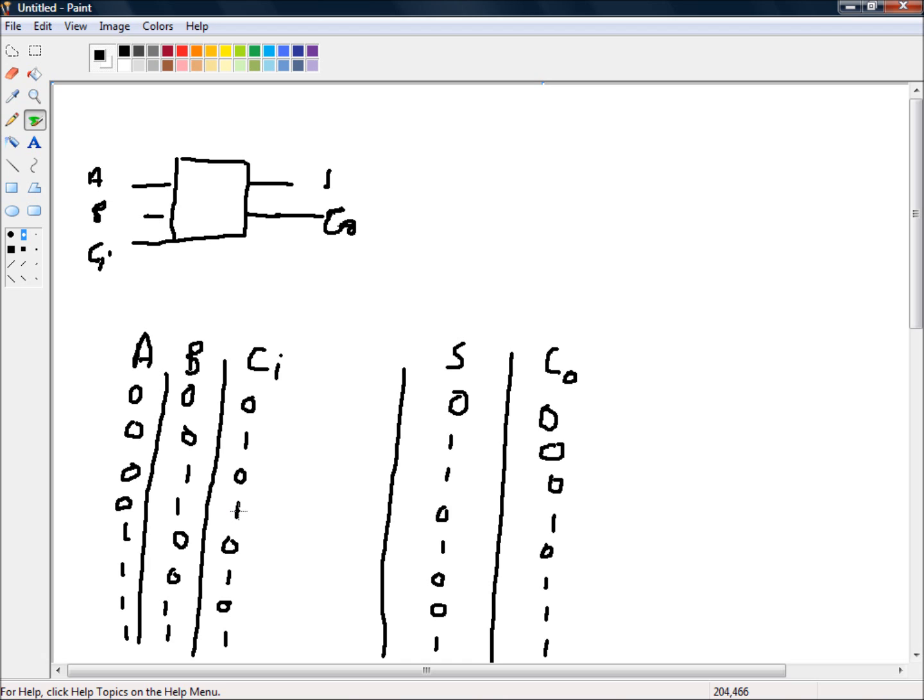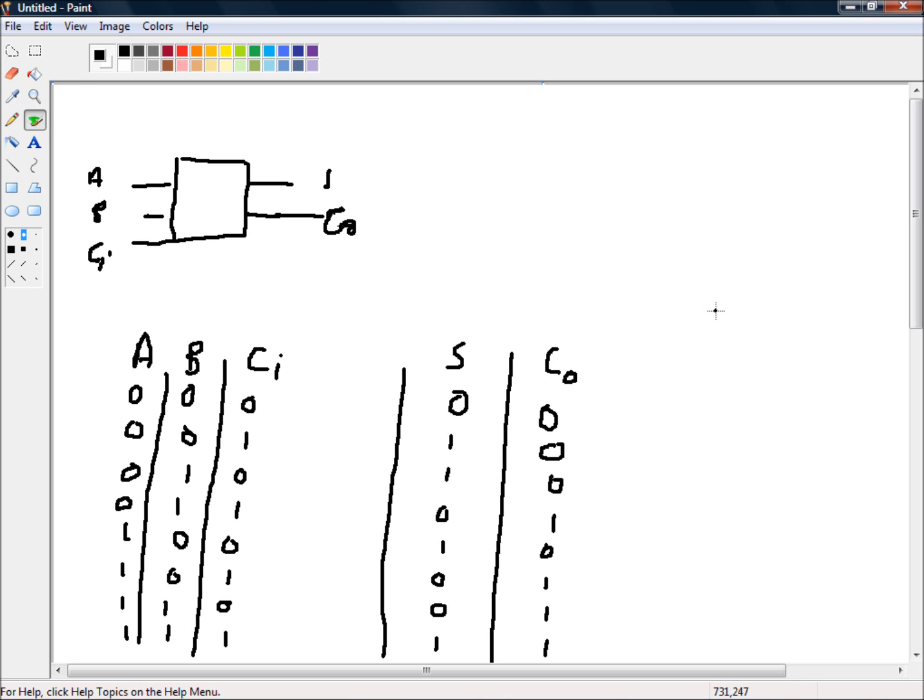Exclusive OR that with a 1, that makes two 1s, so that would be a 0. So well, there's just the 1 there, so that would be right. There's two 1s there, so that would be a 0. There's two 1s there, so that would be a 0. There's three 1s there, so that would be a 1. That's right, because A exclusive OR B would be 0, and then exclusive OR that with a 1 will make a 1. So that is correct.